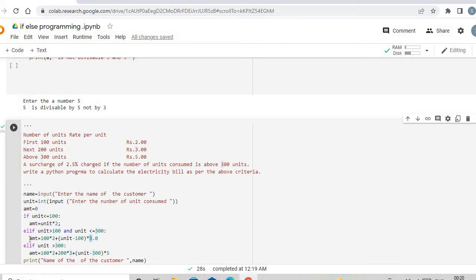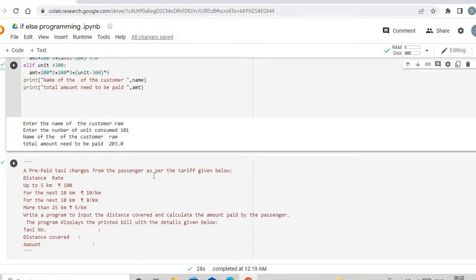So this condition is satisfied. 100 into 2 plus 101 minus 100, that is 1, into 3. So 3 plus 200 is 203. So you can say the program is fine, it is working correctly, and our output is also right.